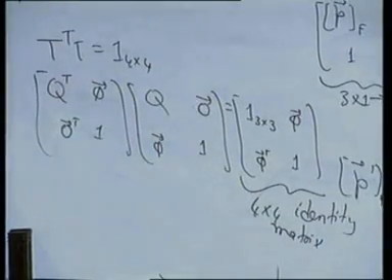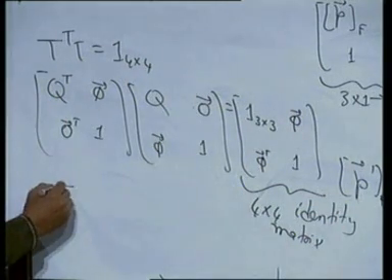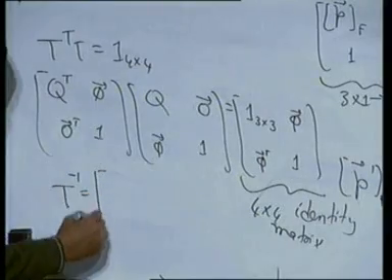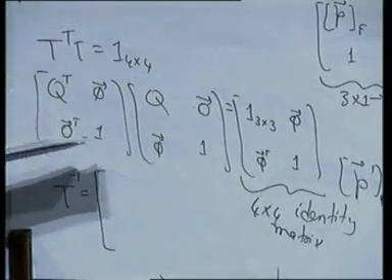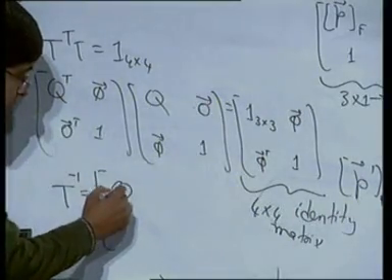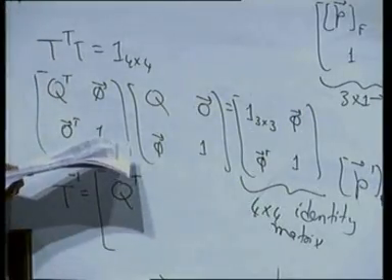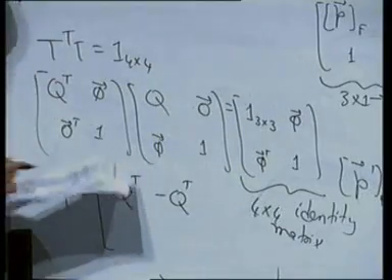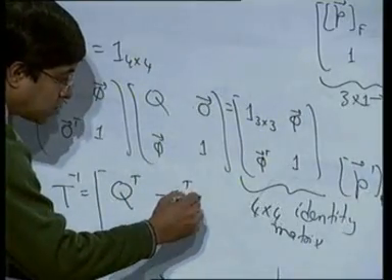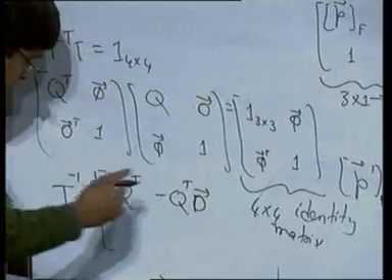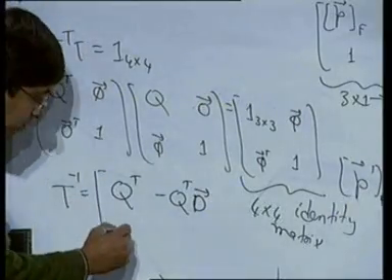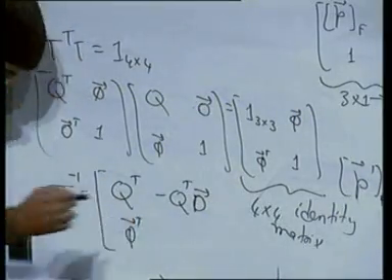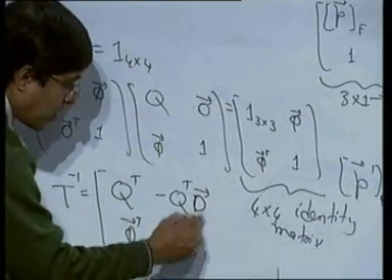So, now if you perform these operations and equate with the right hand side, you should be able to verify very easily that T inverse is nothing but Q transpose, minus Q transpose O, then 0 transpose and 1.